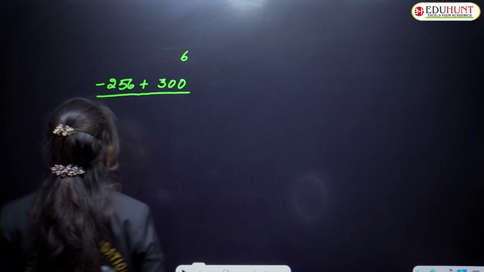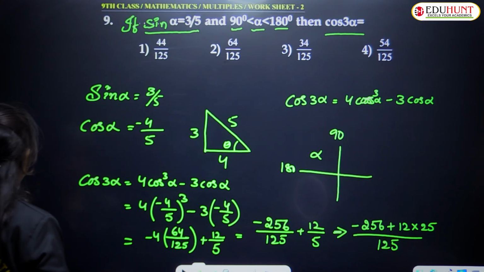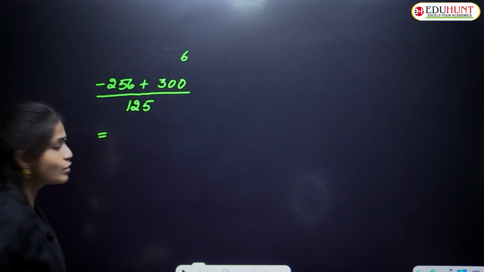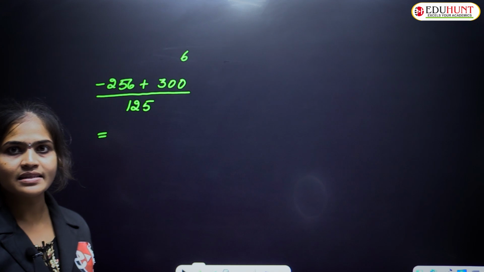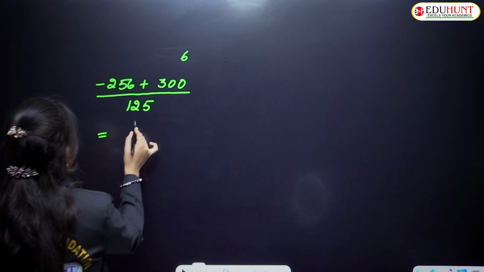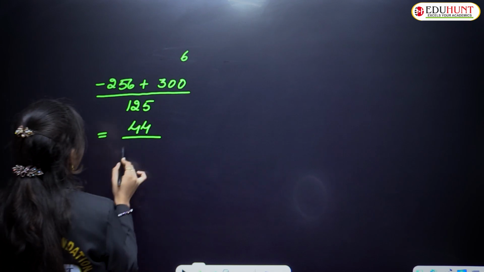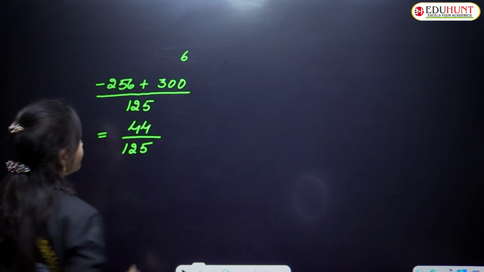So that is 300, whole by 125. So 300 minus 256, what will you get? 44. That is plus 44 by 125.